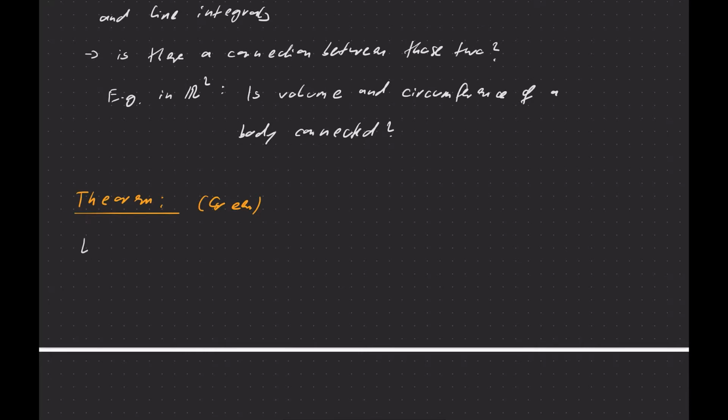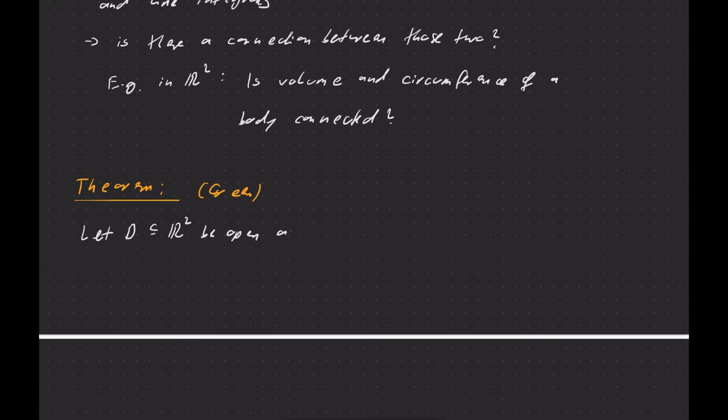We start with the domain. So as usual, let D be the domain, and this time we need a domain in R2. We want it to be open because we want to apply differentiation. And we need a vector field defined on D. V: D to R2 is a vector field, and that is continuously differentiable.